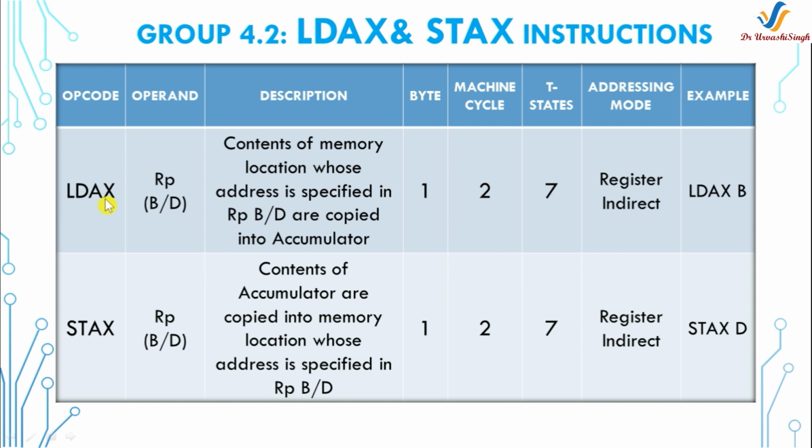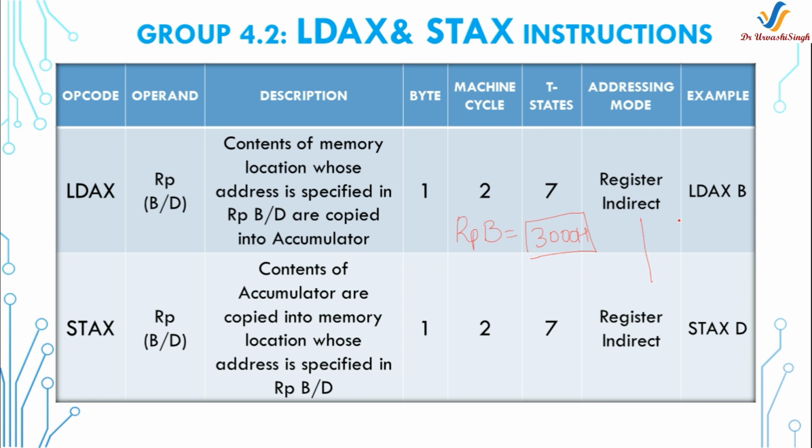In this instruction, the accumulator will be loaded with the memory location contents whose address is specified in register pair B or D. Let's see the example LDAX B. This is the register pair B, which consists of register B and C. Now assume that register pair B is holding a 16-bit number, let us suppose 3000 hex.